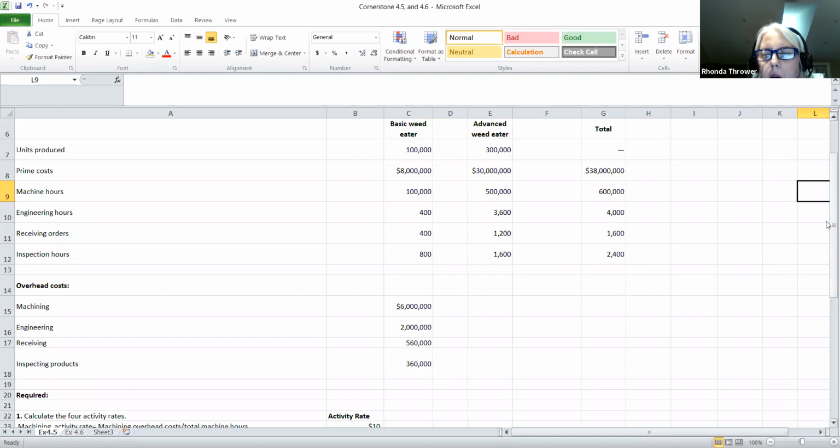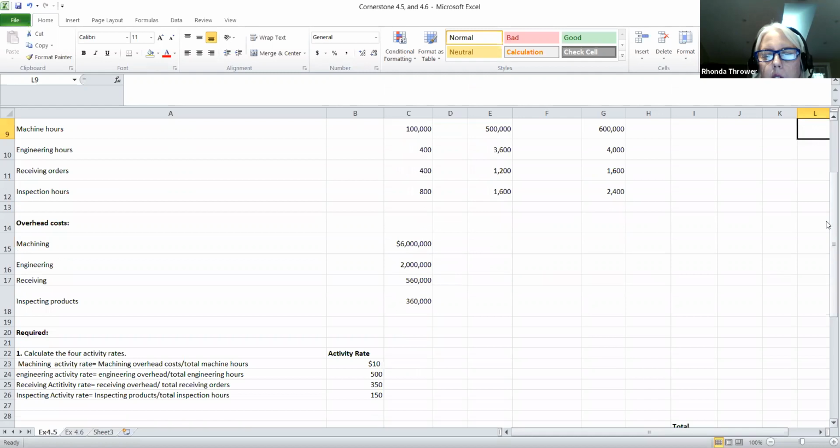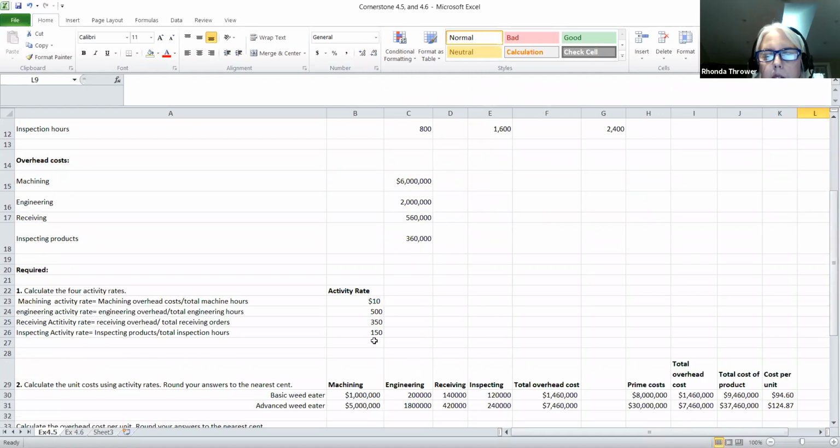And the number of inspection hours times the inspecting activity rate would give you the cost of the inspecting. So the total cost of the basic weed eater is $1 million plus 200,000 plus 140,000 plus 120,000. All those added together.